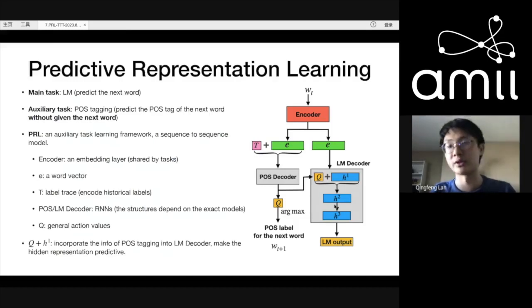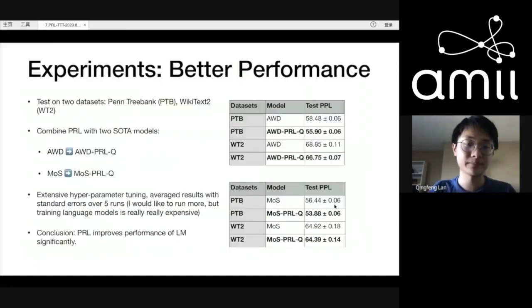Otherwise, you will use the structure of MoS. And we do extensive hyperparameter tuning, and we average results with standard errors over 5 runs. I would like to run more, but since training language models is really expensive, I just got results over 5 runs. And here are the results for 2 models on 2 data sets.